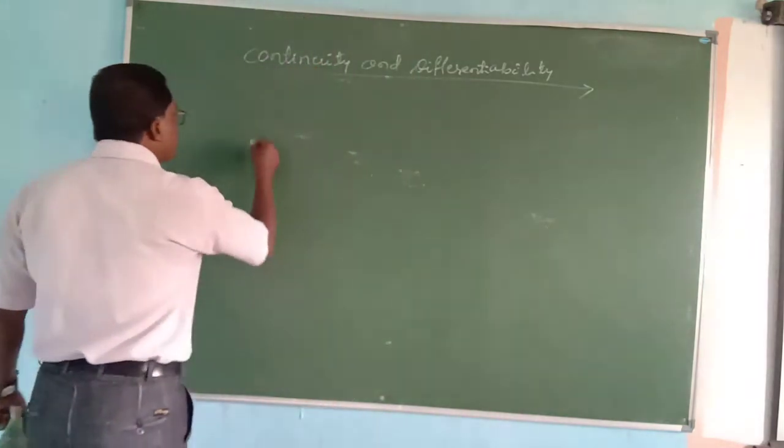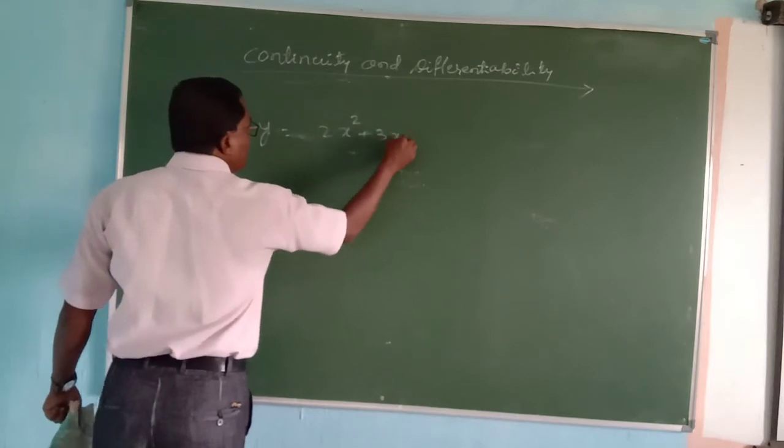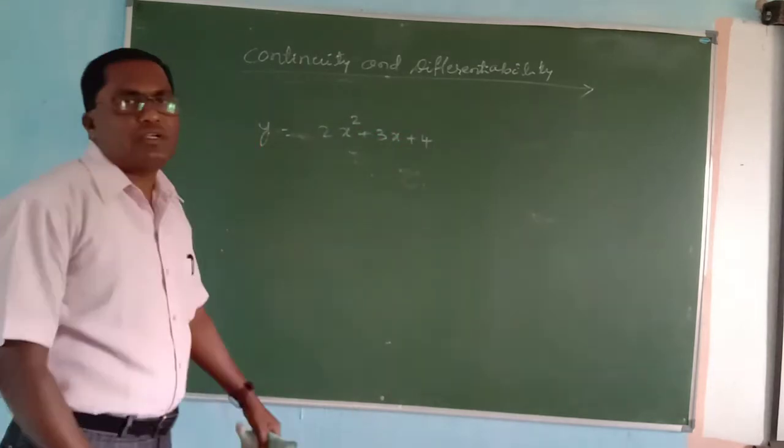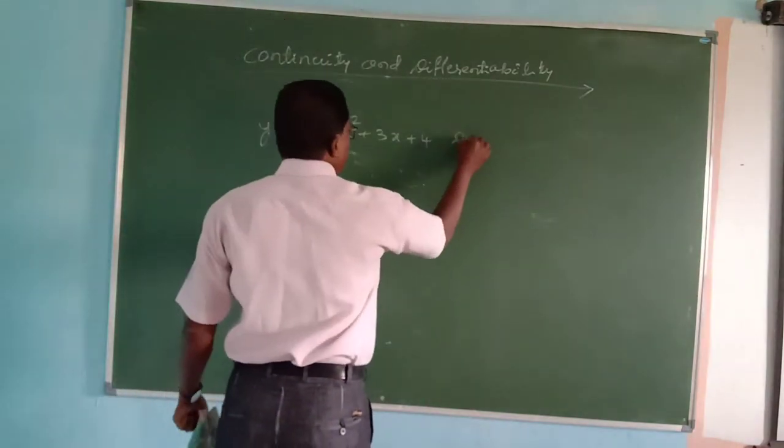Suppose I ask you, y is equal to 2x square plus 3x plus 4. Three terms are there. Differentiate with respect to x.